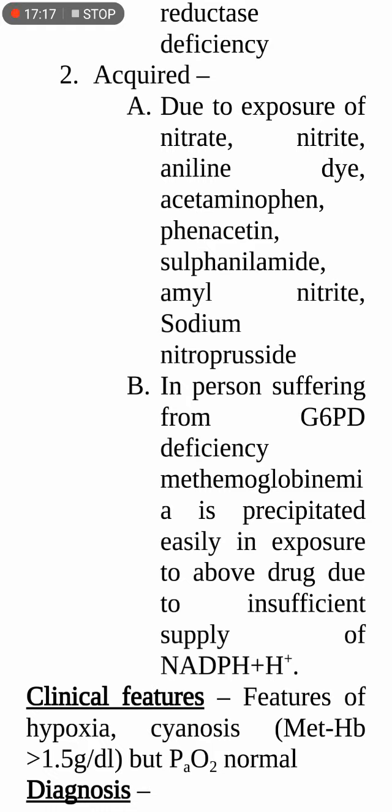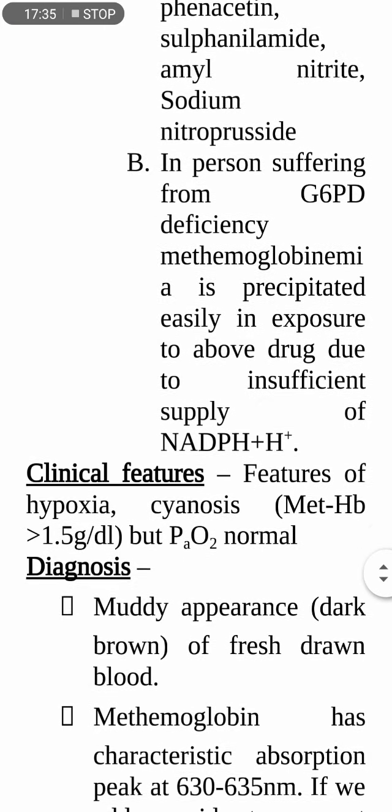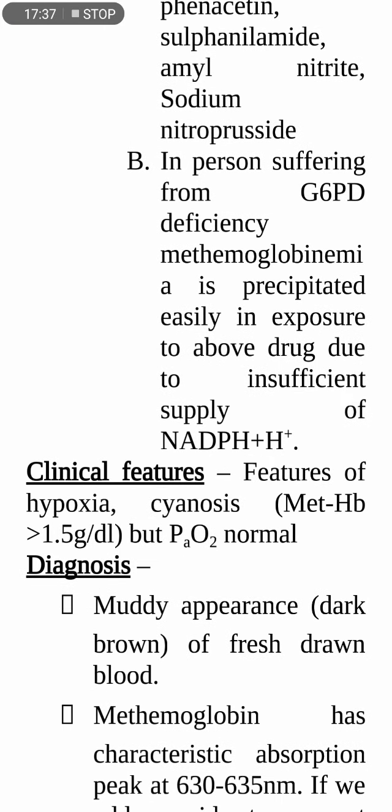Next, the presentation of methemoglobinemia. The patient presents with hypoxia and cyanosis when the methemoglobin level goes above 1.5 gram per deciliter, but the PaO2 is normal.